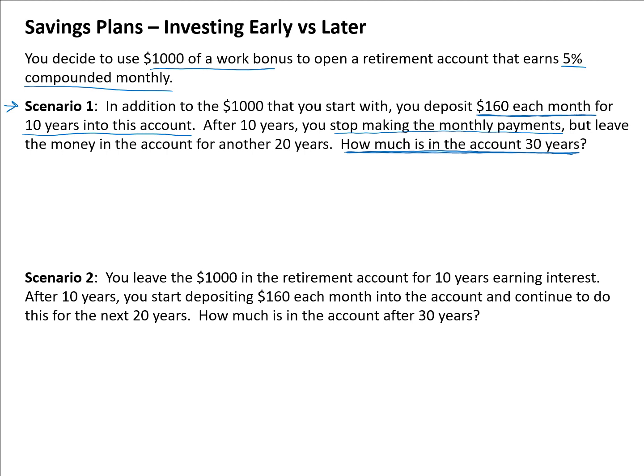But let's work out scenario 1 and the amount we have after 30 years first, and then we'll look at scenario 2. So there's two different things happening in scenario 1. We have something happening in the first 10 years, and then we have something different happening in the remaining 20 years.